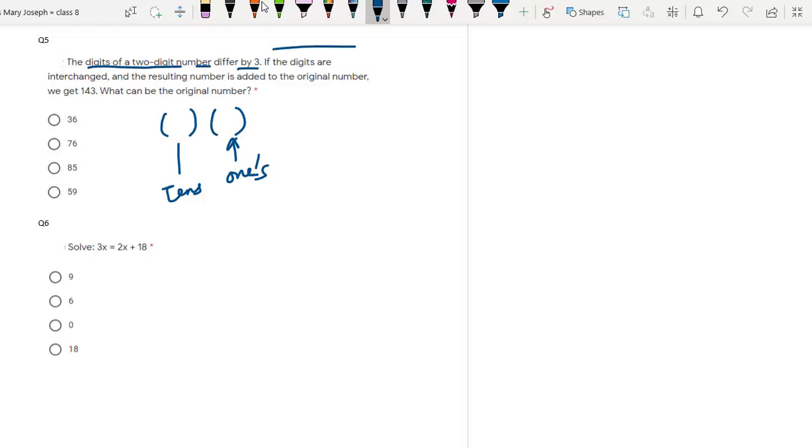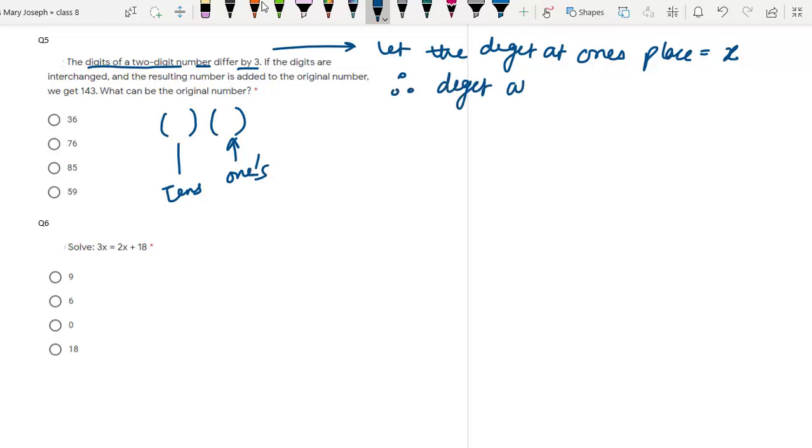So, let's assume, let the digit at 1's place equal to x. So, therefore, digit at 10's place will be how much? Yes, the first statement is saying digits differ by 3.